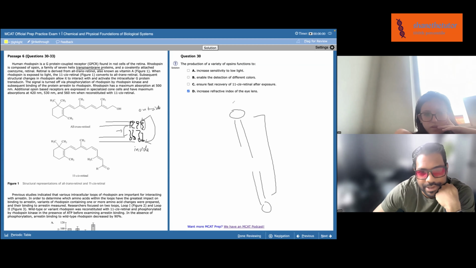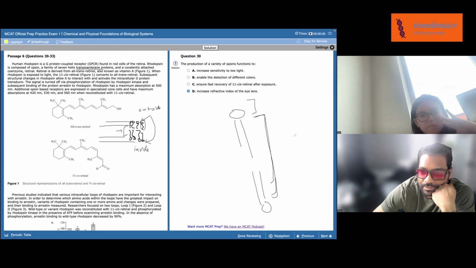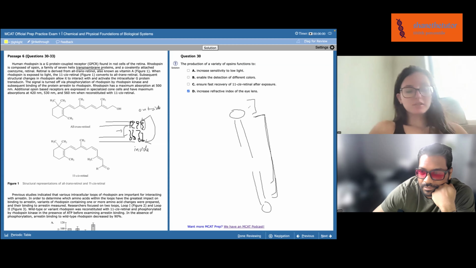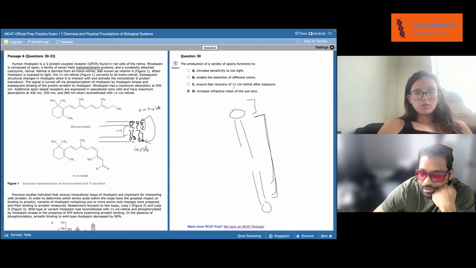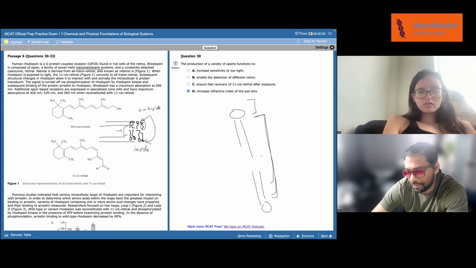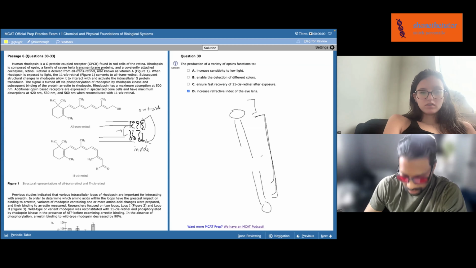So is this the transmembrane region or this? The transmembrane region would be going from outside to inside and then back out, going through the inside. So this would be the transmembrane region. Good. So what type of amino acids could be present there? Non-polar. Good.